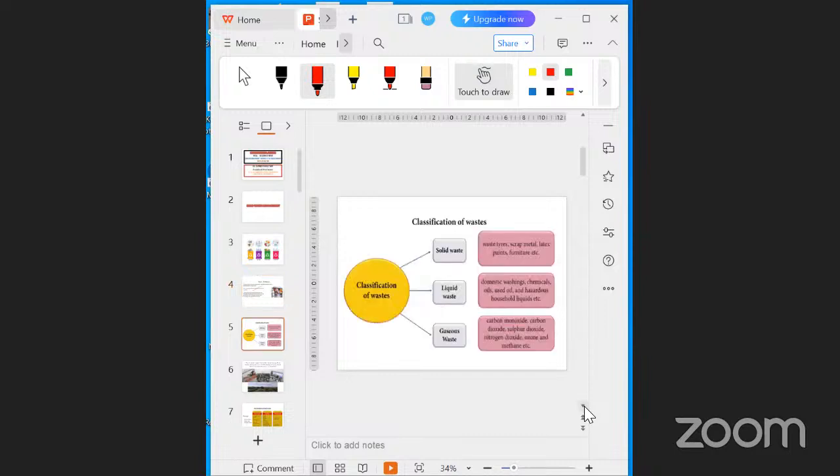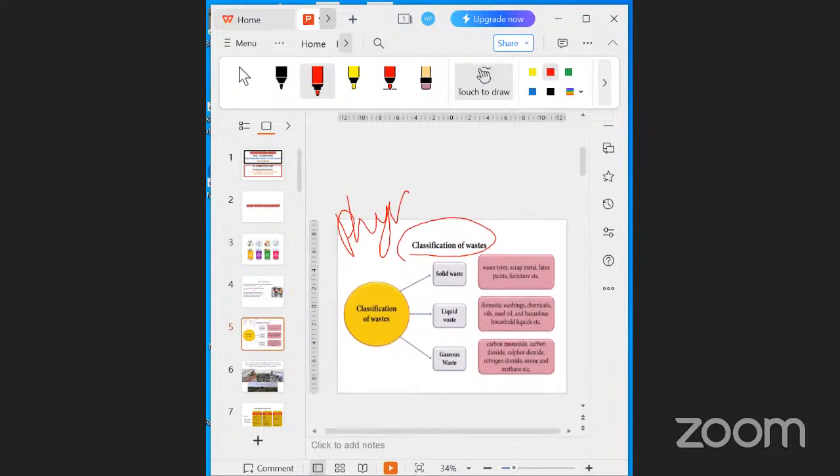Remember, this is based on physical state. The first is solid waste, the second is liquid waste, and the third is gaseous waste.